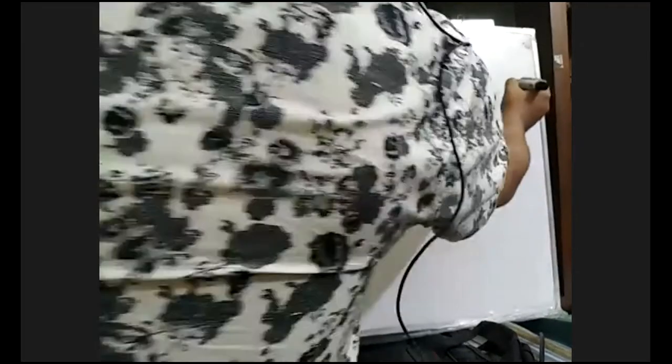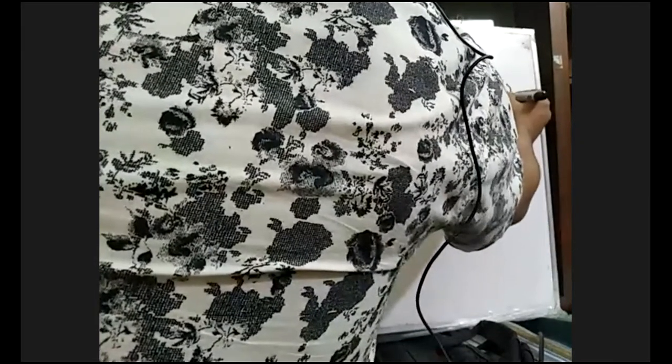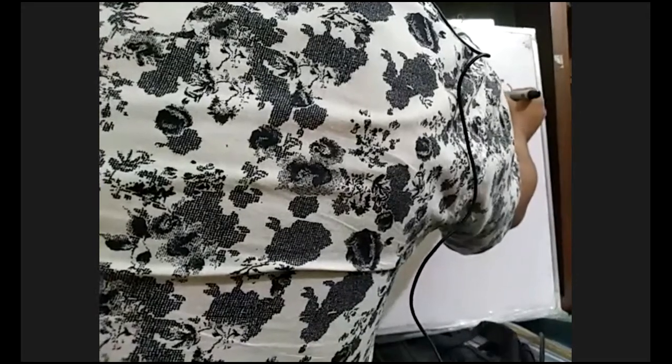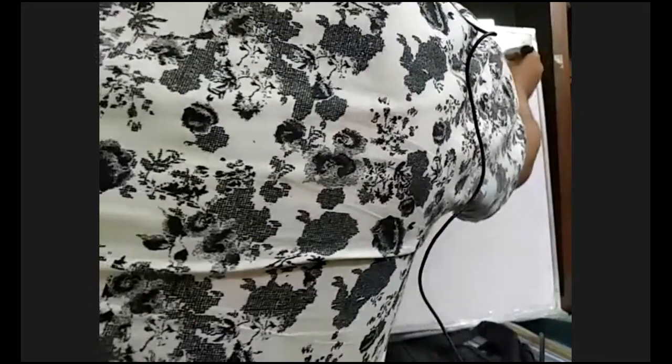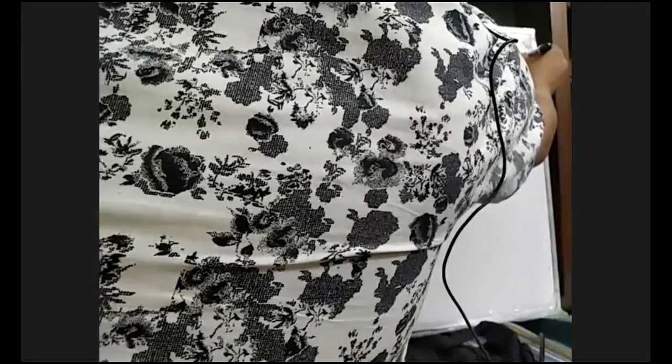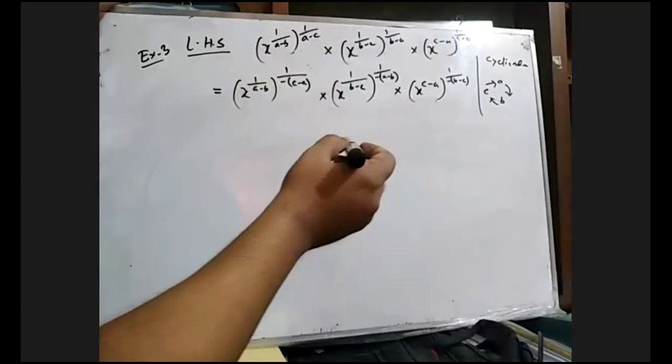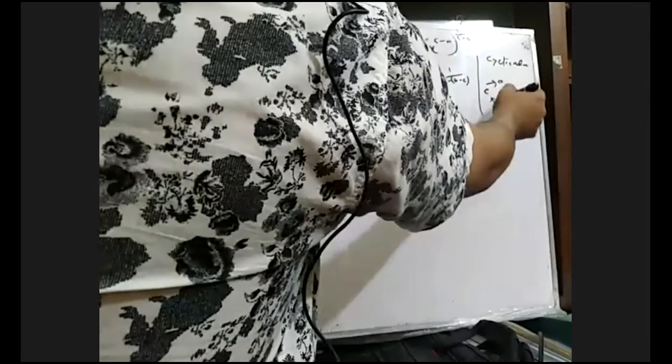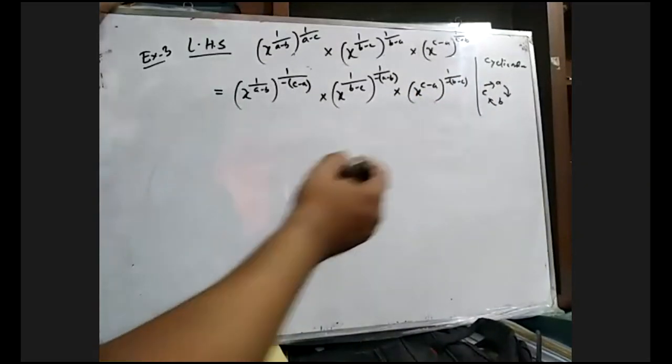In cyclic order, a, b and c. So we have to arrange the relation in cyclic order: a minus b, b minus c, c minus a, in this way.